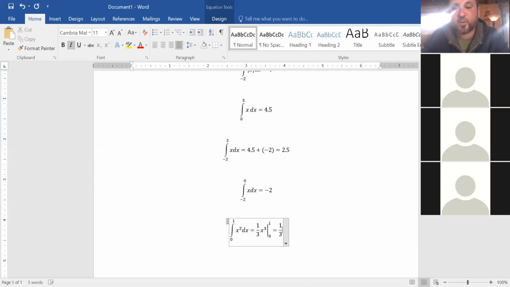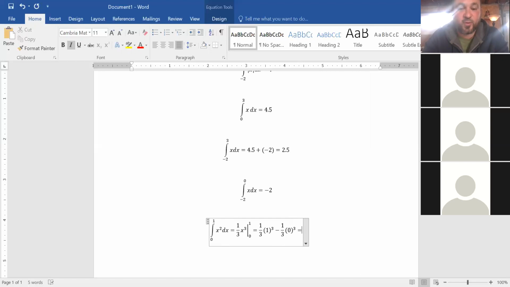So the first number we plug in is 1, because that's at the top of that line. So 1/3 times 1 to the 3rd power. And then the next operation is to subtract whatever the bottom number put into 1/3 x cubed is. But you need to subtract it. So 1/3 minus 1/3 times 0 cubed.